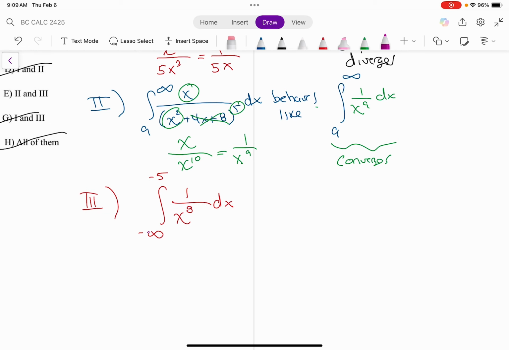Negative infinity to negative 5. That might throw you a little bit here for 1 over x to the 8th. But if you're a curious, astute math student, you might notice that all of these graphs we're looking at have some sort of symmetry, and this is 1 over x to the 8th, so it's going to look like this over here.